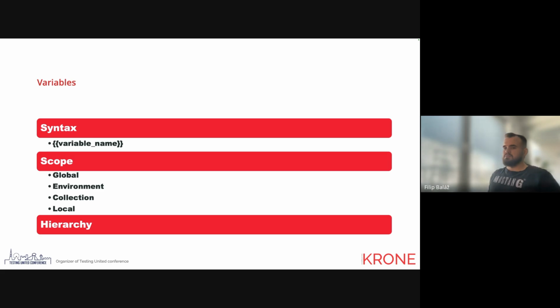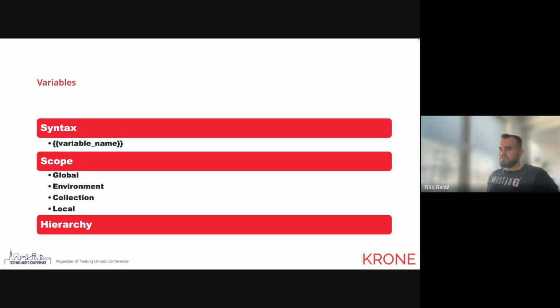So you can remember it like it is written here, or like a little pyramid. On the top, which is the furthest one, is the global. Then under it is environment, which is a bit closer. Then there is collection, and the last one is local.